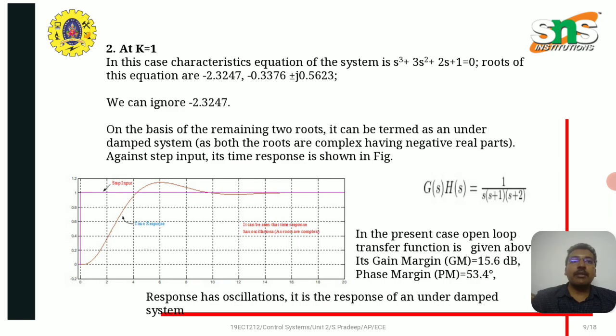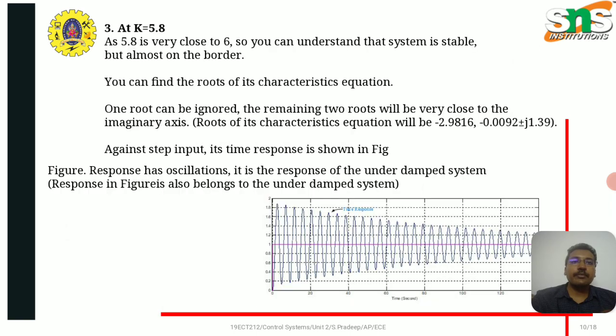On the basis of the remaining two roots, it can be termed an underdamped system. The open loop transfer function is G(s)H(s) equal to 1 divided by s into s plus 1 into s plus 2. Its gain margin is 15.6 dB and the phase margin is 53.4 degrees. The response has oscillations. It is the response of an underdamped system.